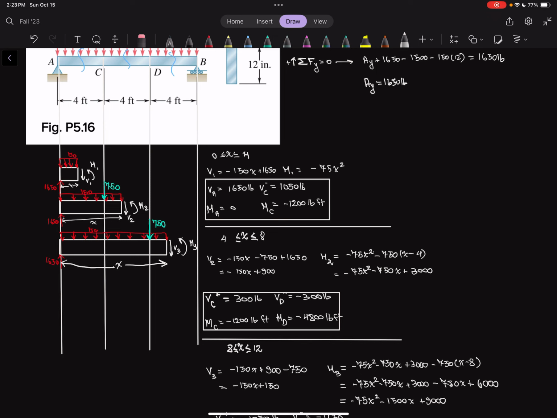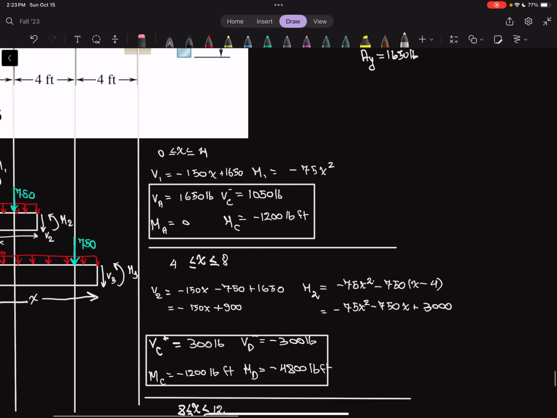At the very first, because we have the 1650 times x. And so that's going to change all of our results. So minus 75 times x, which is what? x is 4 squared plus 1650 times 4. We get 5,400 here.